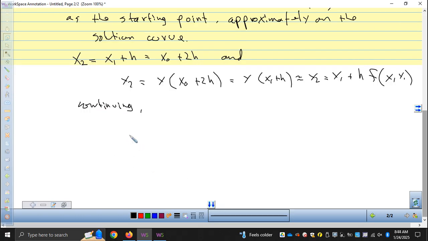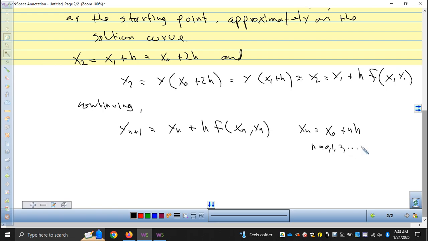We get that y of n plus 1 equals y of n plus h times f of x sub n, y sub n. And x sub n equals x0 plus nh, where n equals 0, 1, 2, and so on. So we iterate this process. We use our new point to plug into this to get another new point.